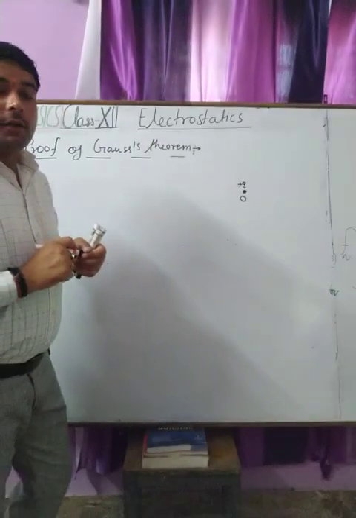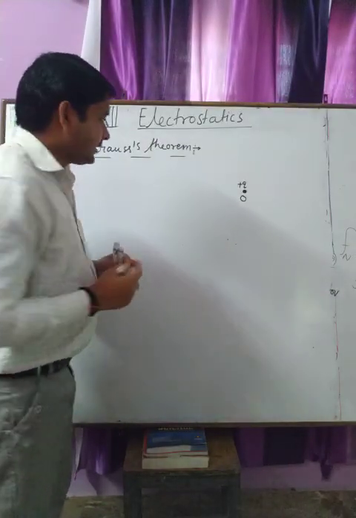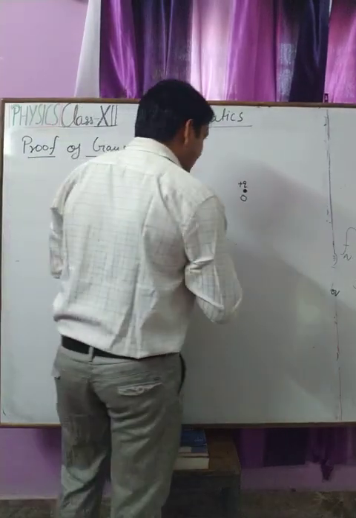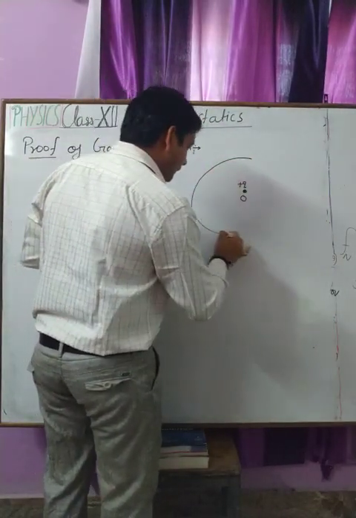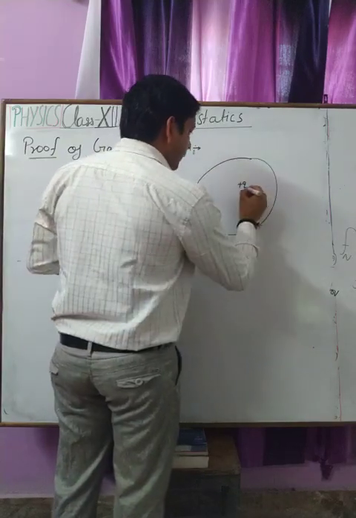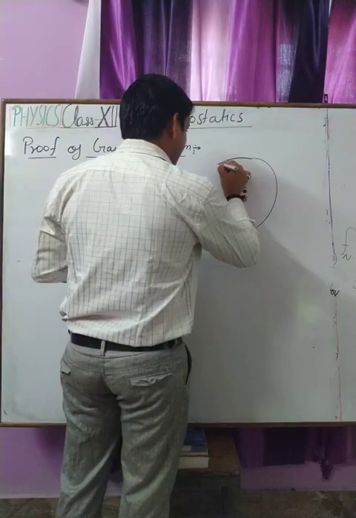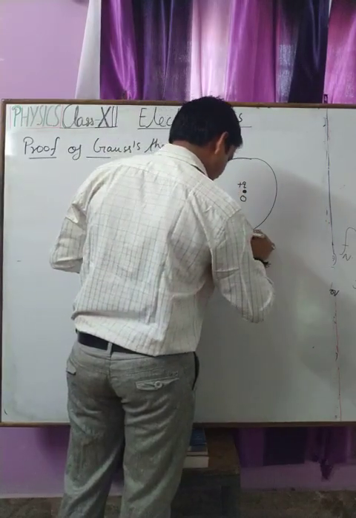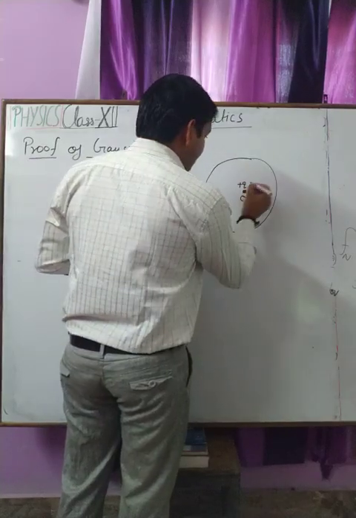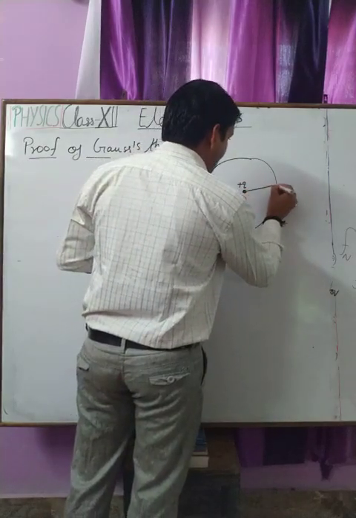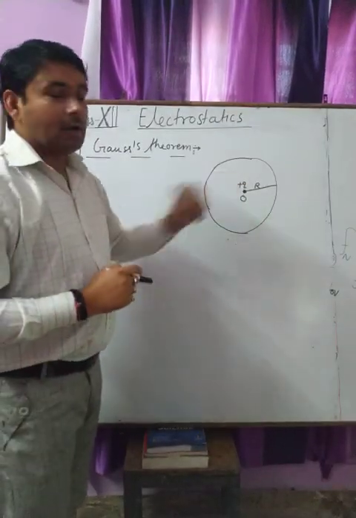and in the first step we have to imagine a Gaussian surface. Now we are imagining here a Gaussian surface of radius r around this point O. This is a spherical Gaussian surface whose radius is r.